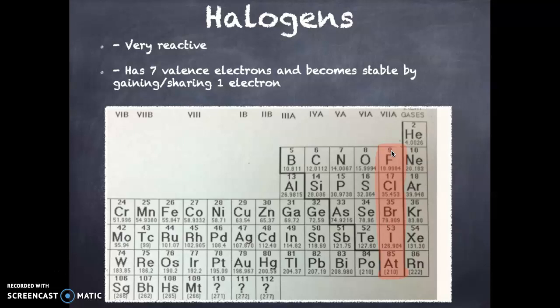The only difference is that the halogens are nonmetals and the alkali metals are obviously metal. So the halogens have 7 valence electrons, which means they only need 1 more electron to fill their shell. And it's because they only need 1 that makes them so extremely reactive.